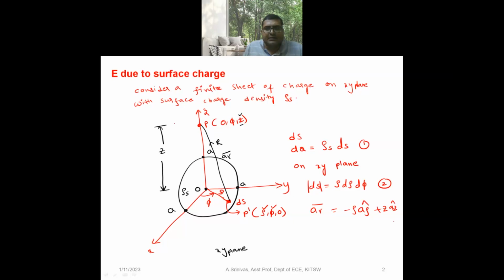Let it be equation number 3. And r is the modulus of ar bar. It is equal to root of rho square plus z square here. Equation number 4.